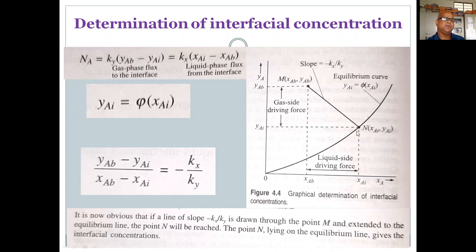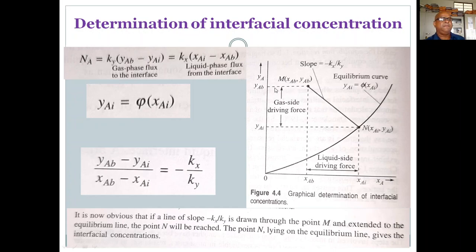But how is it possible? Because the interface is at equilibrium. That's why I take this point. This point is known. I will take the slope of minus Kx by Ky and go straight, and where I touch this equilibrium curve, this will be my YAI, and this will be my XAI.